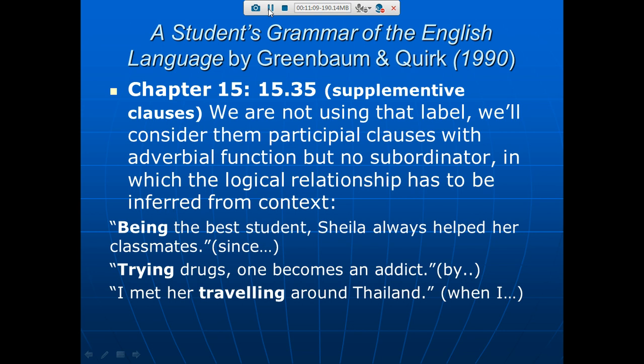By trying drugs, one becomes an addict. Because of trying drugs; if one tries drugs, one becomes. So the subjects are co-referential. And finally, "I met her traveling around Thailand." I met her when I was traveling around Thailand. Again, co-referential subjects.